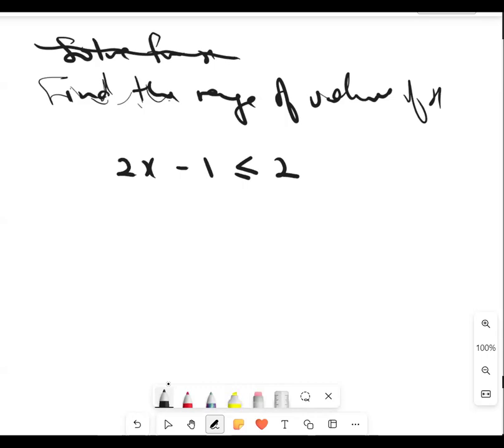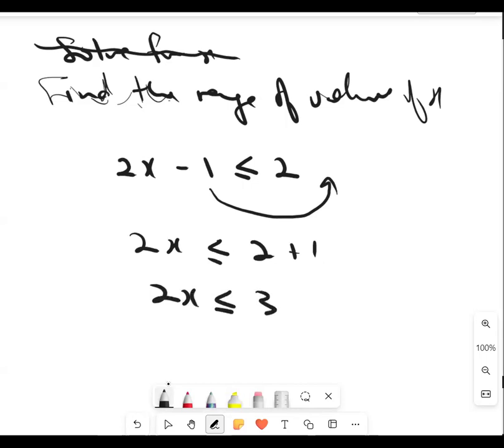Take the minus 1 over. 2x is less than or equal to 2 plus 1, so 2x is less than or equal to 3. x is then less than or equal to 3 over 2, or x is less than or equal to 1.5.